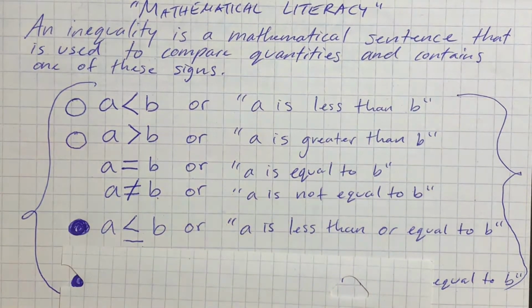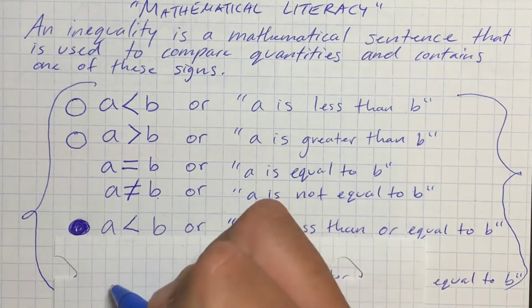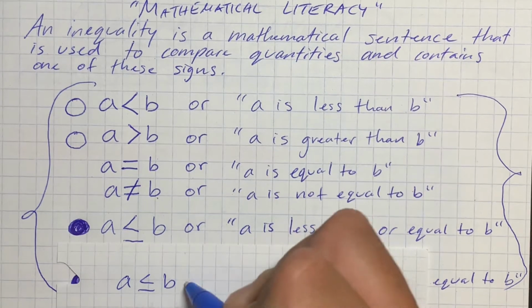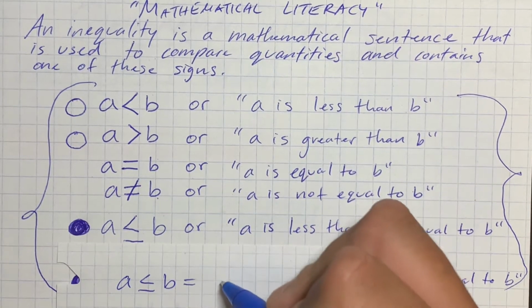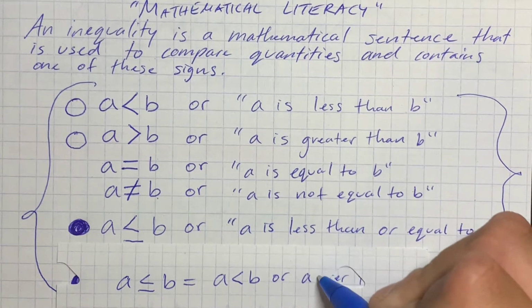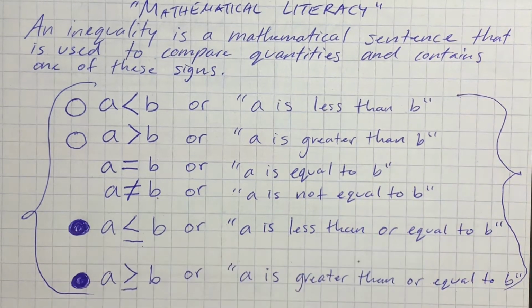Anytime it's less than or equal to, or greater than or equal to, that's what we mean. So right here, A is less than or equal to B. This means A is less than B, or A is equal to B. Now as we go further down, we have A is greater than or equal to B, and again, a closed circle there.